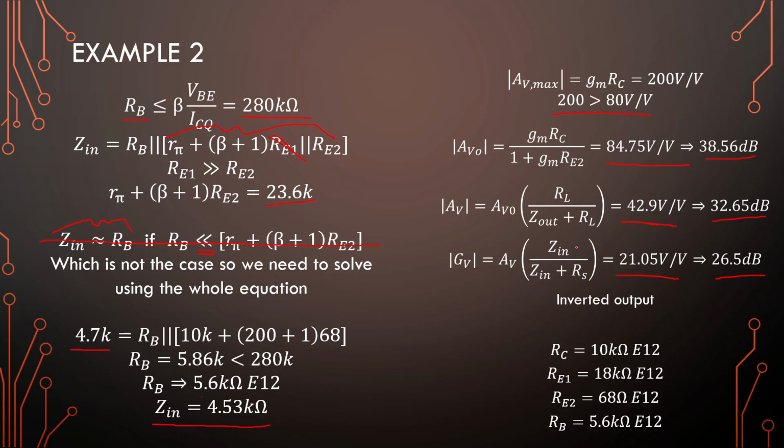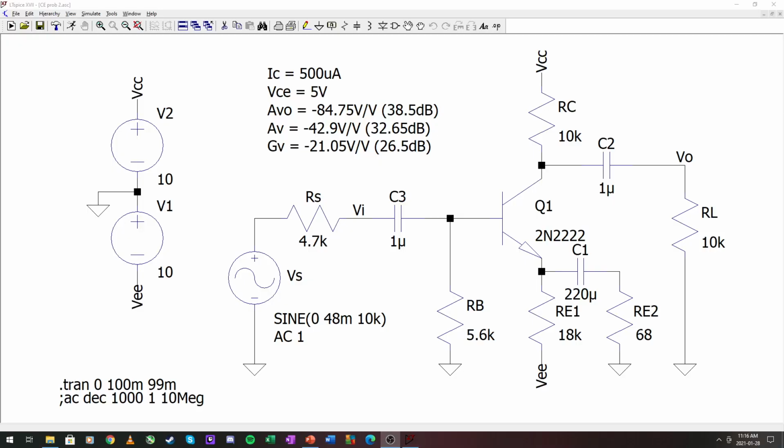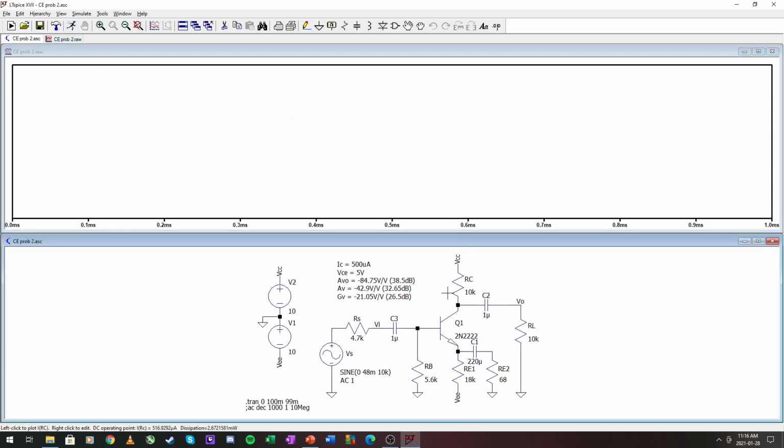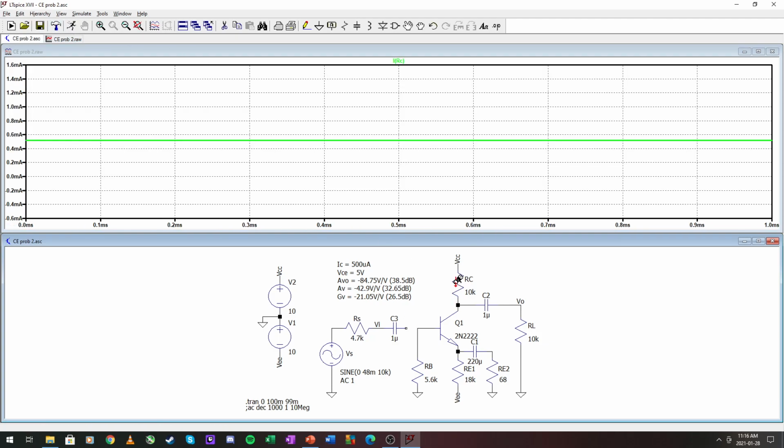Let's jump into the simulation and check if all of these work out in a simulator. Right, my simulation is set up. Let's run this. Let's delete this little pathway here first. Now we can see the DC.